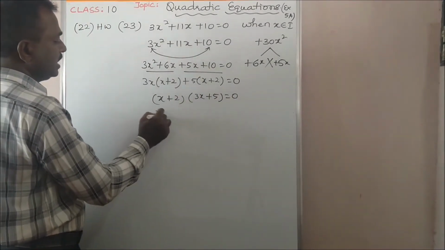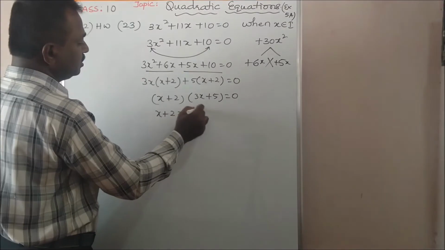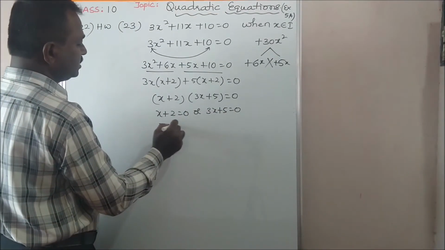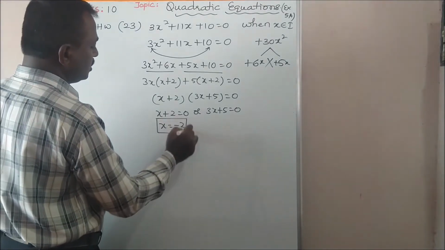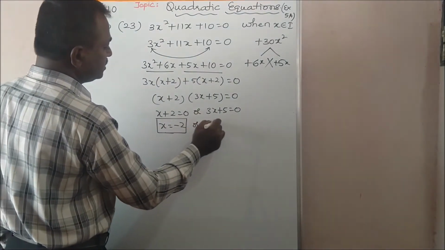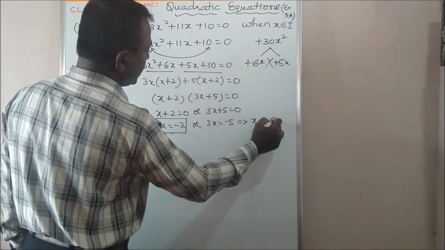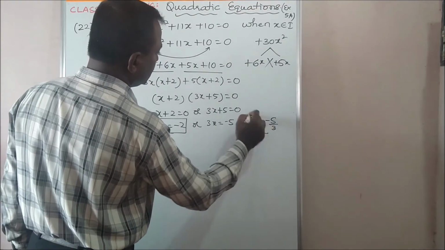By the zero product rule, x + 2 = 0 or 3x + 5 = 0. So x = −2 or 3x = −5, which implies x = −5/3.